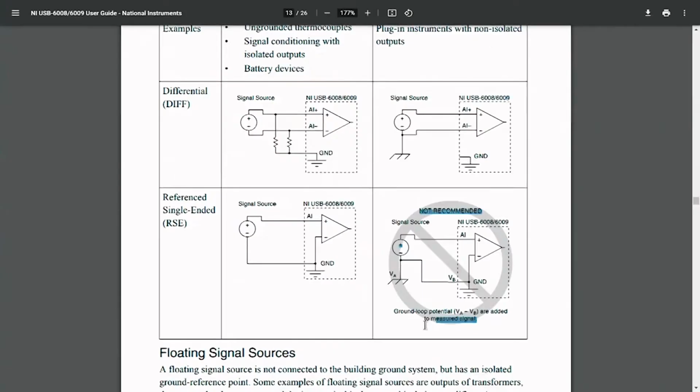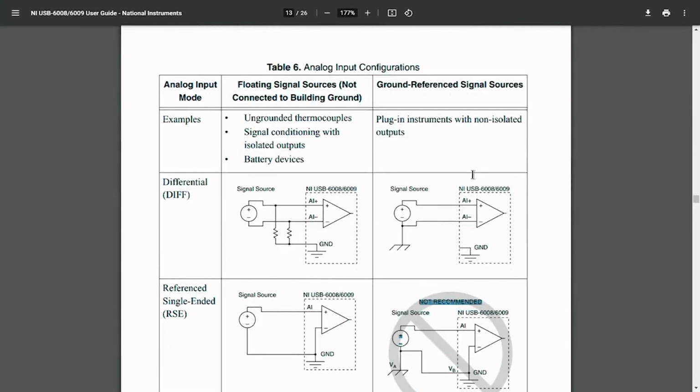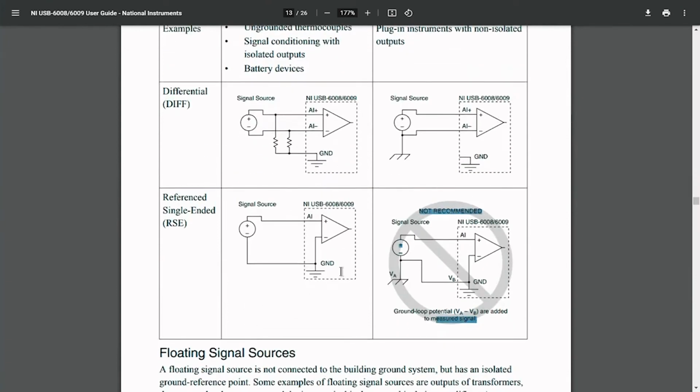That noise will compromise the accuracy of the complete measurement. So in this section, we will use this particular reference to the common ground. We will directly connect the ground of the LM35 to the ground of the USB device, so that we can consider it as an RSE, referenced single ended.